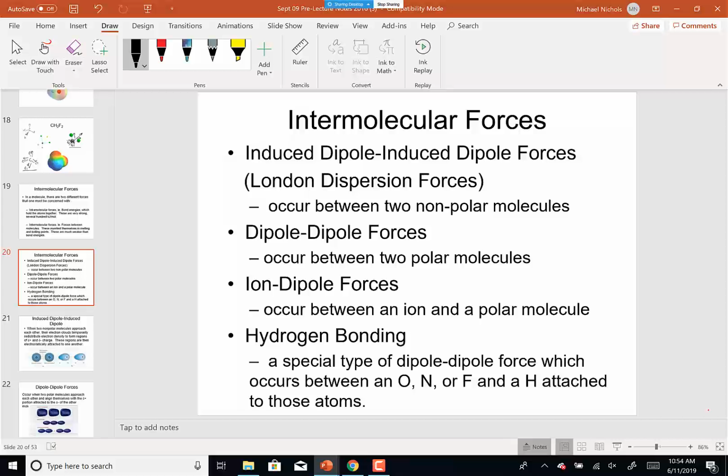And when do you have a hydrogen bond? You have a hydrogen bond when the hydrogen is attached to an O, N, or F. And I'll give you the exact example because there are times when people have issues trying to determine if something is truly a hydrogen bond or not. But hydrogen has to be attached to an O, N, or F. What's special about O, N, and F on the periodic table?